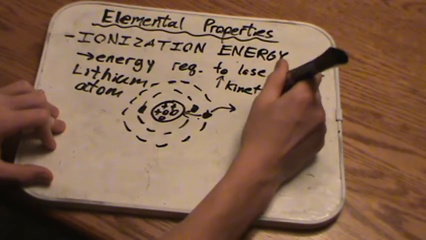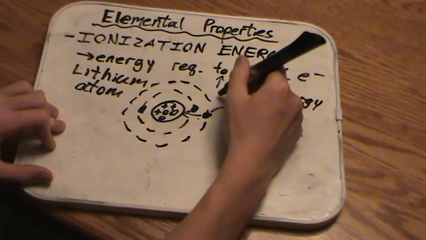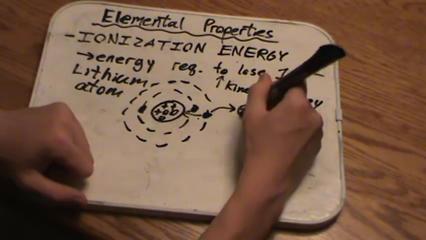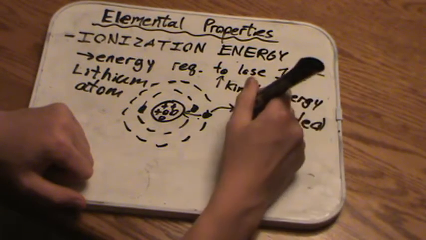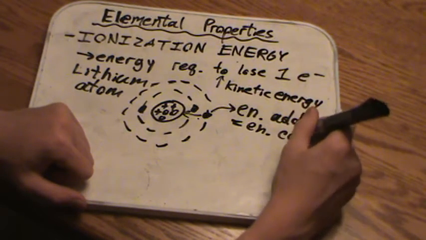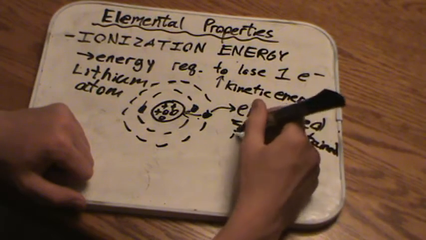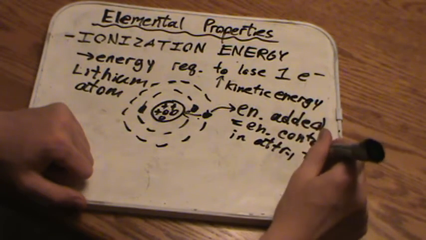Kinetic energy increases. It goes up. So eventually, at the point where the energy added is equal to the energy contained in the attraction, the electron will be released.